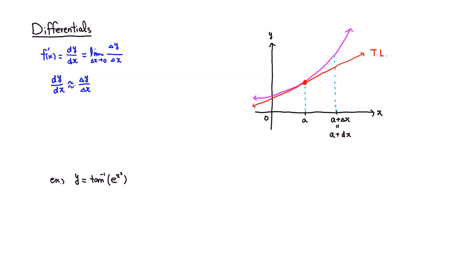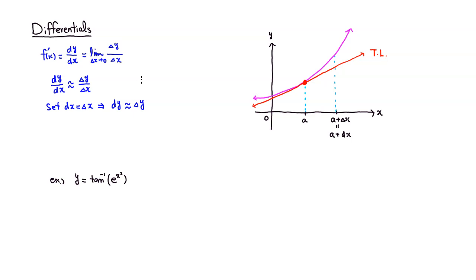All right, so in this case, I'm going to set dx and delta x equal to each other. Then you can see that dy and delta y are very close to each other, and so we can approximate delta y using a differential dy.